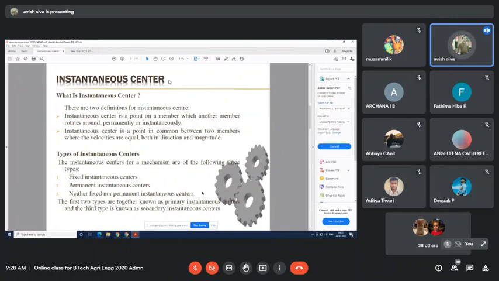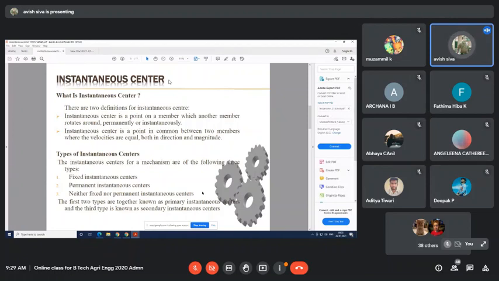First is fixed instantaneous center, second is permanent instantaneous center, third is neither fixed nor permanent instantaneous center. The first 2, fixed and permanent, are called primary instantaneous centers, whereas the last one is called secondary instantaneous center. Neither fixed nor permanent is called secondary instantaneous center.